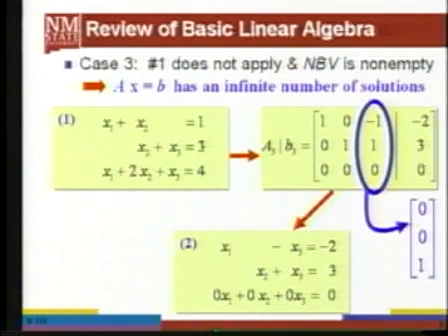Because case number 1 does not apply, and the basic variable set would be x1 and x2, and the non-basic variable is x3, we have an example of case number 3. Okay? So in this system of linear equations, we have 3 unknown variables, but we have only 2 equations, right? So we may conclude that there exists an infinite number of solutions for this linear system.